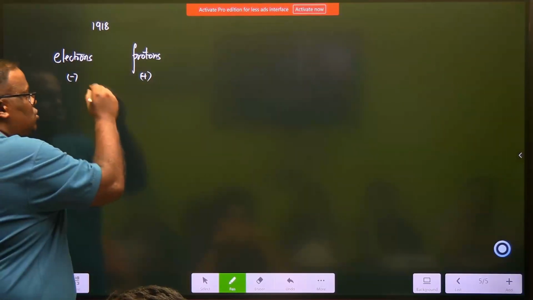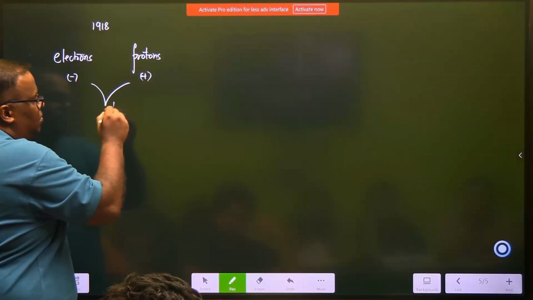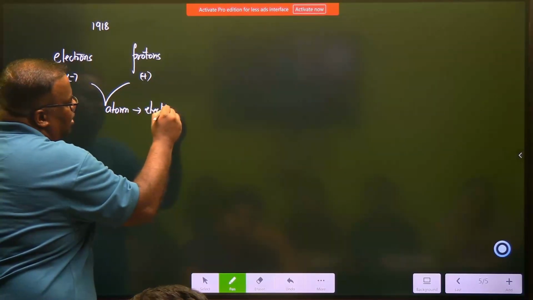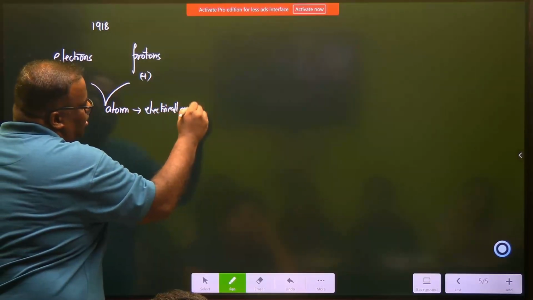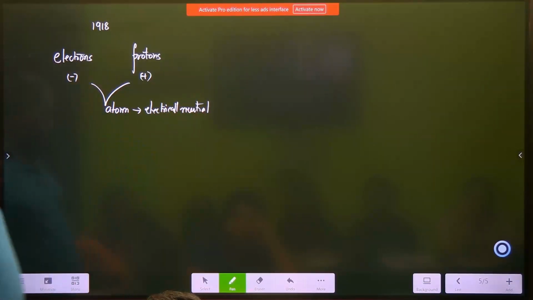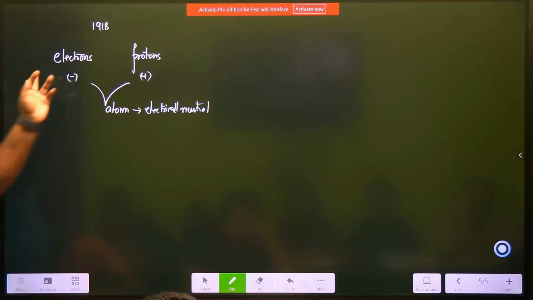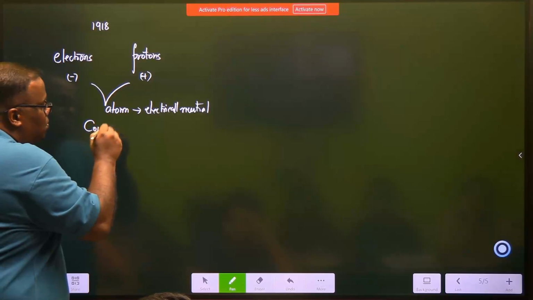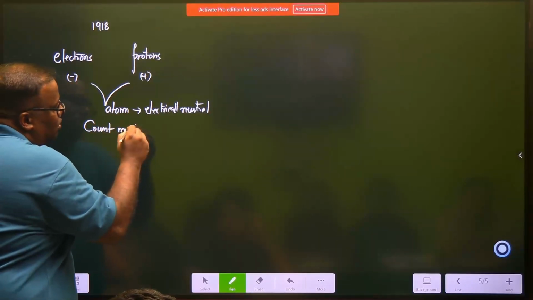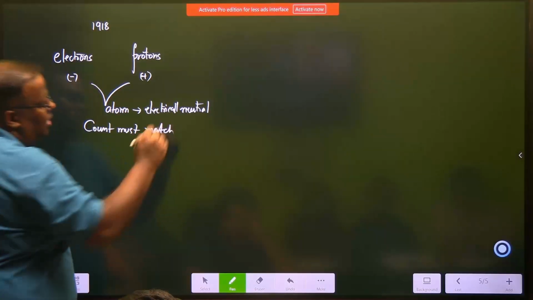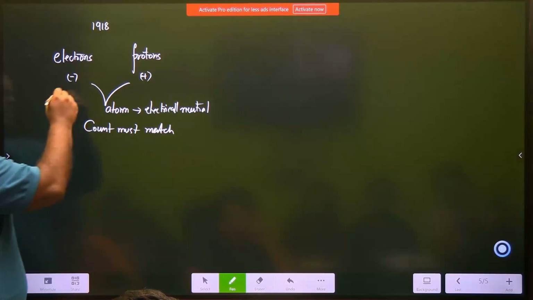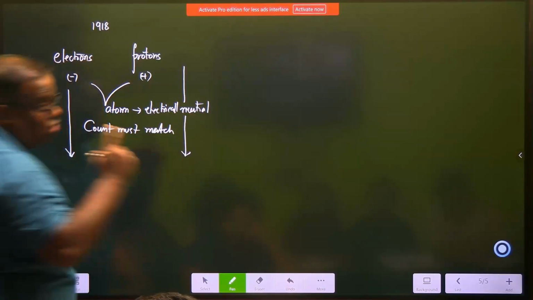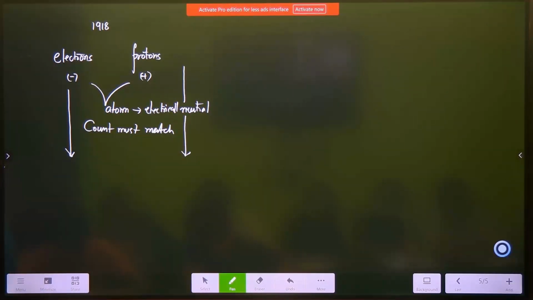Both exist in the atom, and therefore they make the atom electrically neutral. If an atom is electrically neutral, then electrons and protons must both be there, and the count must match. Yes or no? Then, what about the charge? They were found to have the same magnitude of charge, but the polarity of the charge was different.